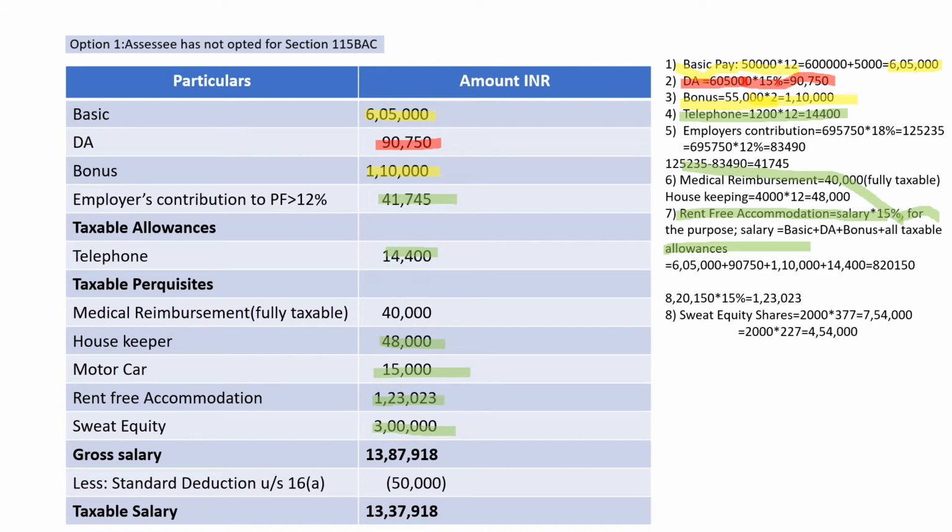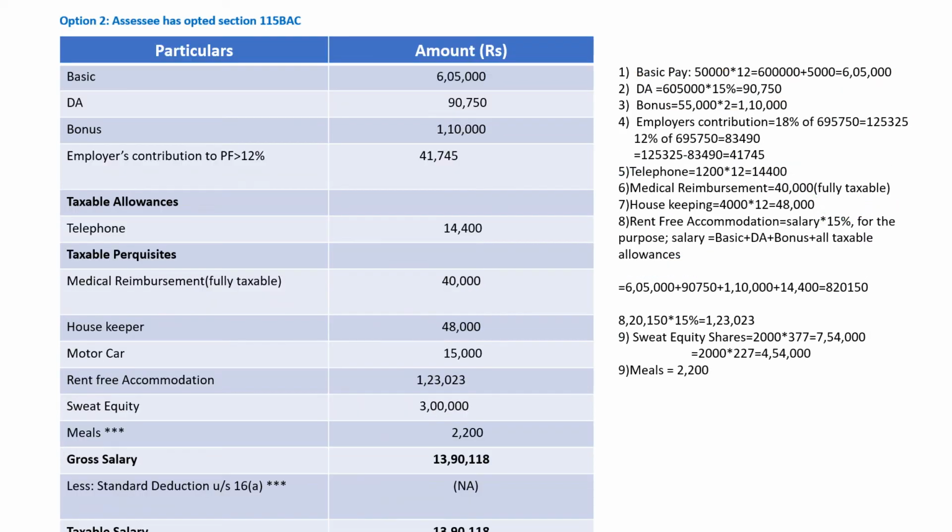And now I am going to show you what if the SSC has opted for section 115 BAC. So now we are going to see what if the SSC has opted section 115 BAC.